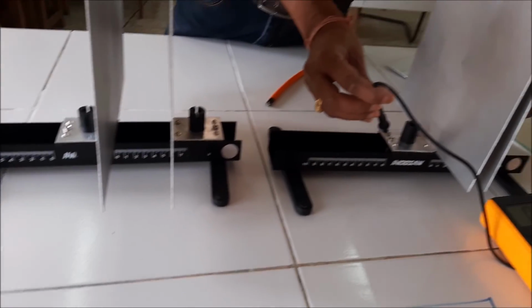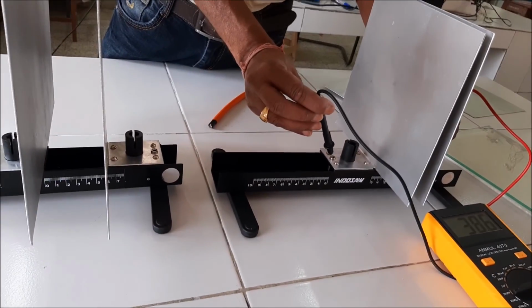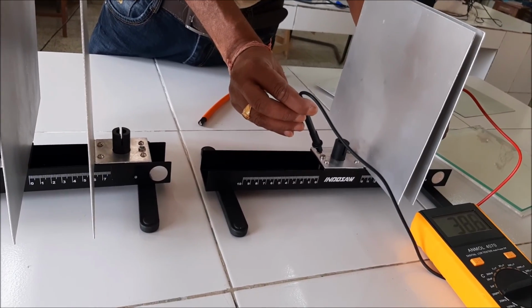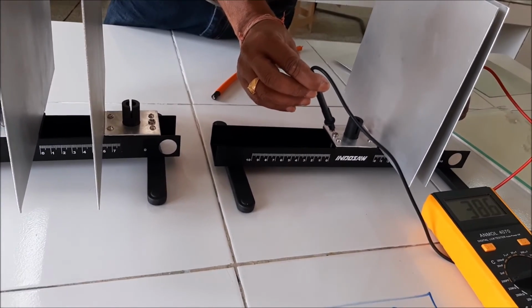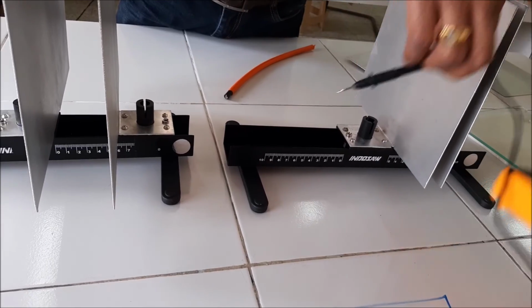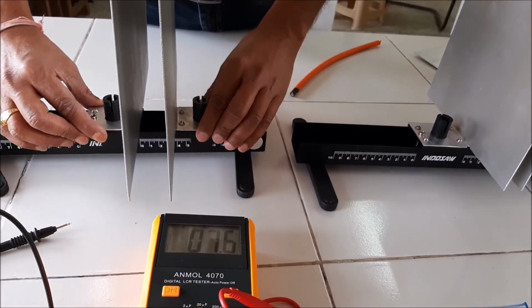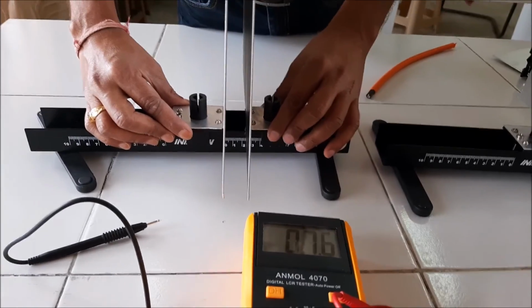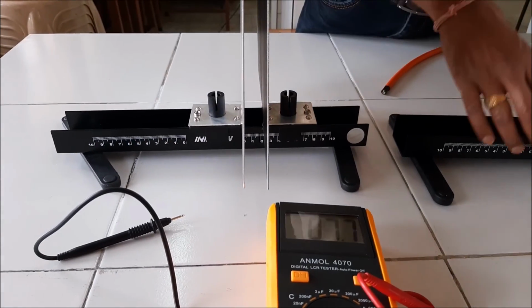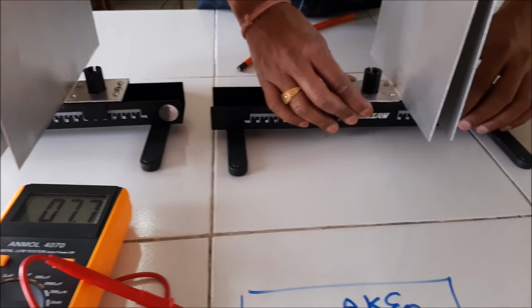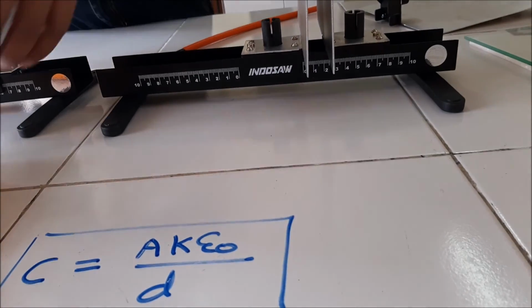In this situation, we observe that the capacity is 30 point something, 30.7 or 8, for the same distance, which is about 2.4.